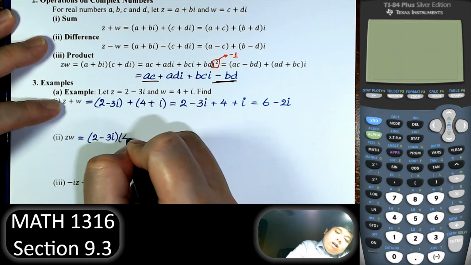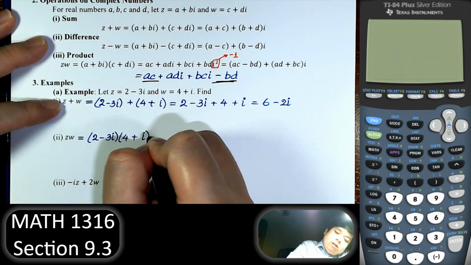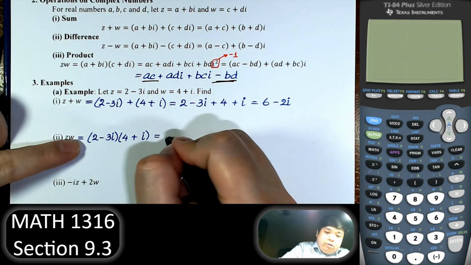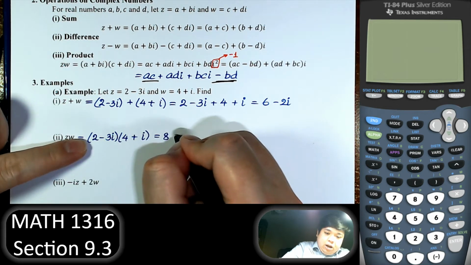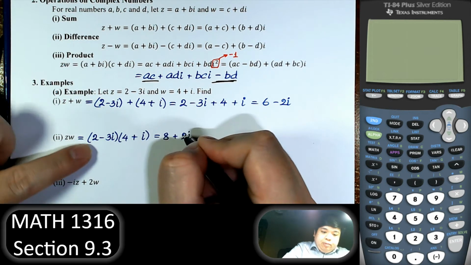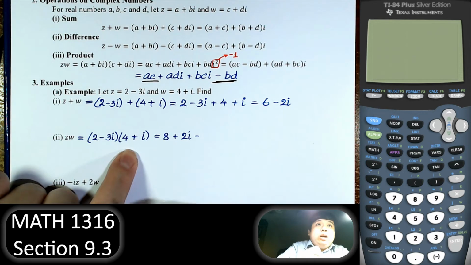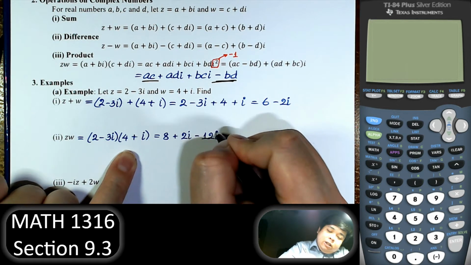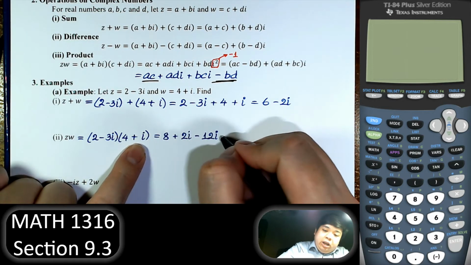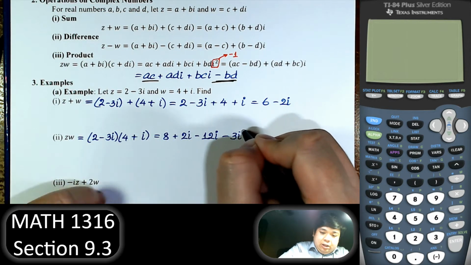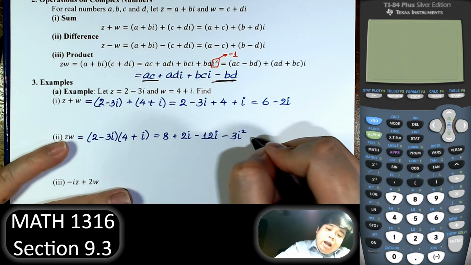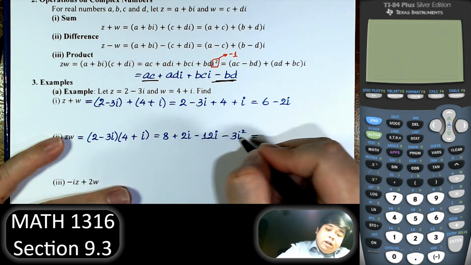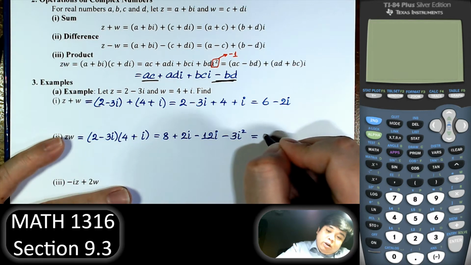Now z times w. z is 2 minus 3i, w is 4 plus i. Now multiply it out. 2 times 4 is 8. 2 times i is 2i. Minus 3i times 4 is minus 12i. And minus 3i squared. Now, i squared is -1, right?